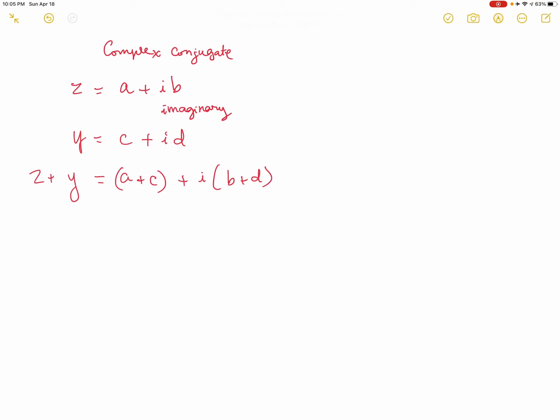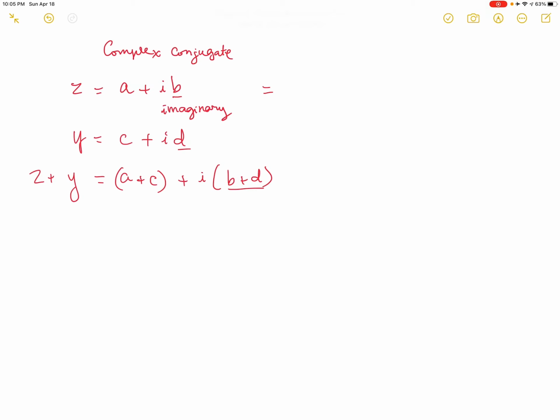So now you have a new number. When you add two numbers together, you have the real parts added together, and you have the imaginary parts added together. And by the way, these numbers can also be written in a different format.